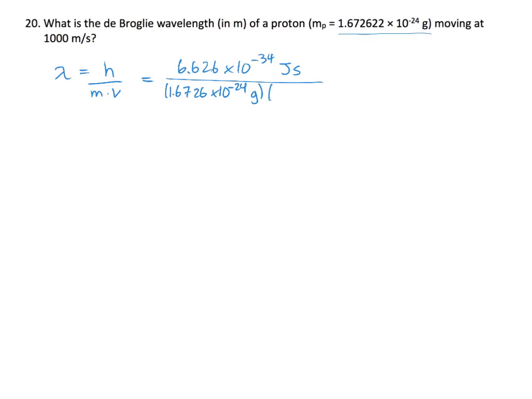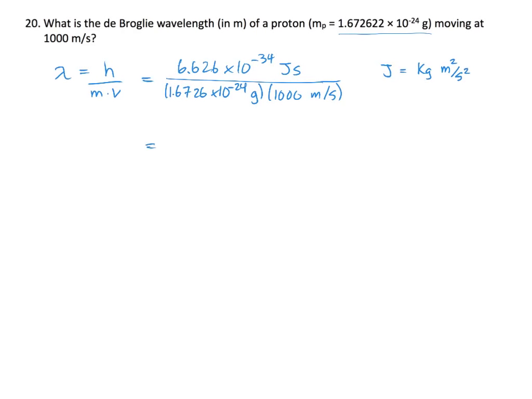And the speed is given as 1,000 meters per second. So the way this is set up at the moment, it's a bit of a mess because none of our units seem to really work out. The seconds are maybe up here at the top and the bottom, but that's about it. The rest kind of doesn't match. So what we're going to do is convert our units on the top, because we know that 1 joule is equal to 1 kilogram meter squared per second squared.